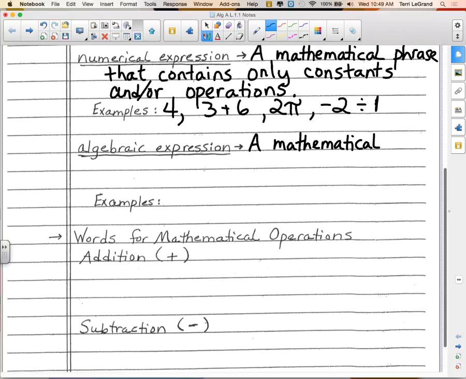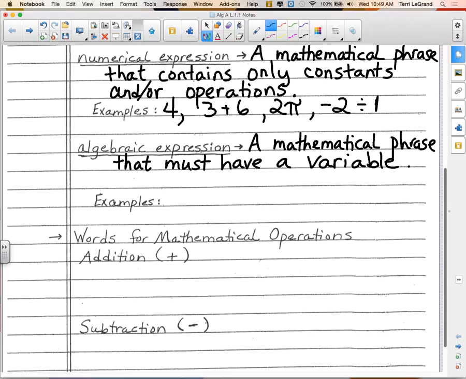A mathematical phrase that must have a variable. So it's like a numerical expression. It's a mathematical phrase, but it has to have a variable.